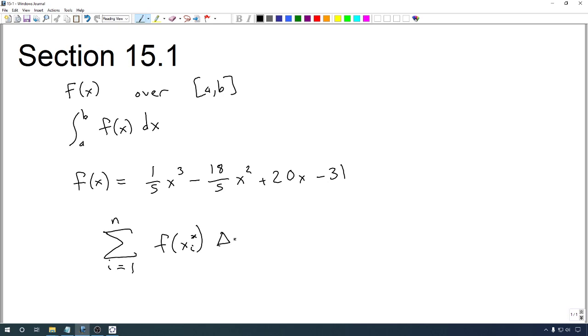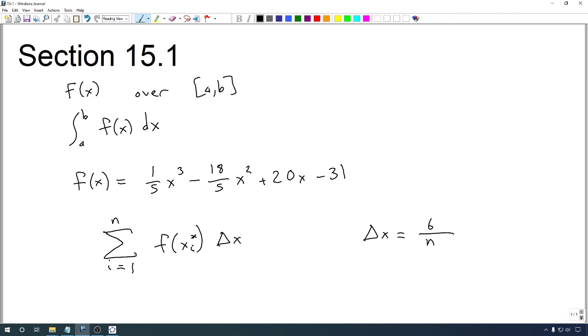And then we use delta x as the width of that rectangle. For what we were doing just a moment ago, delta x would be our 6, which is from 3 to 9, that b minus a basically, divided by the number of rectangles.